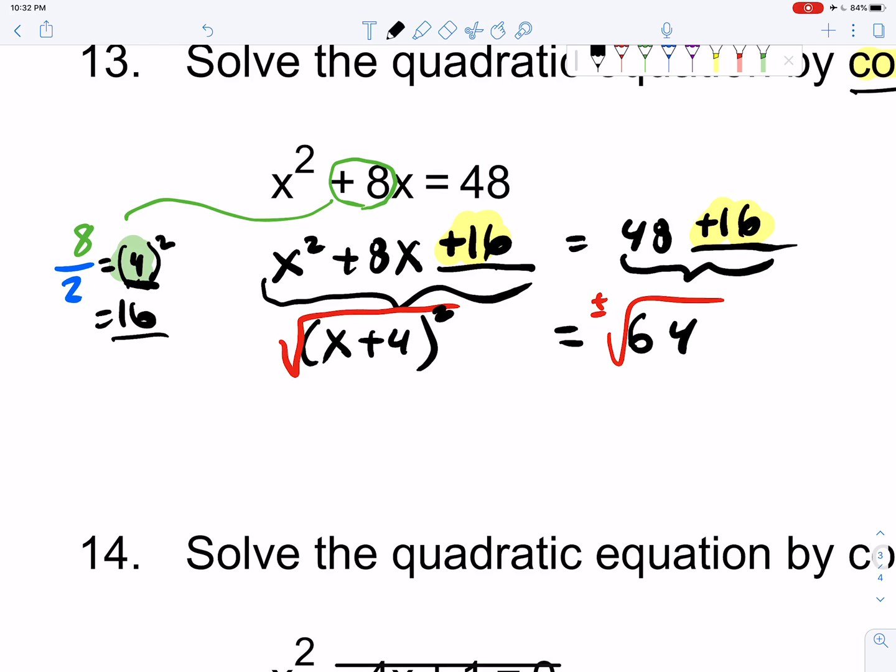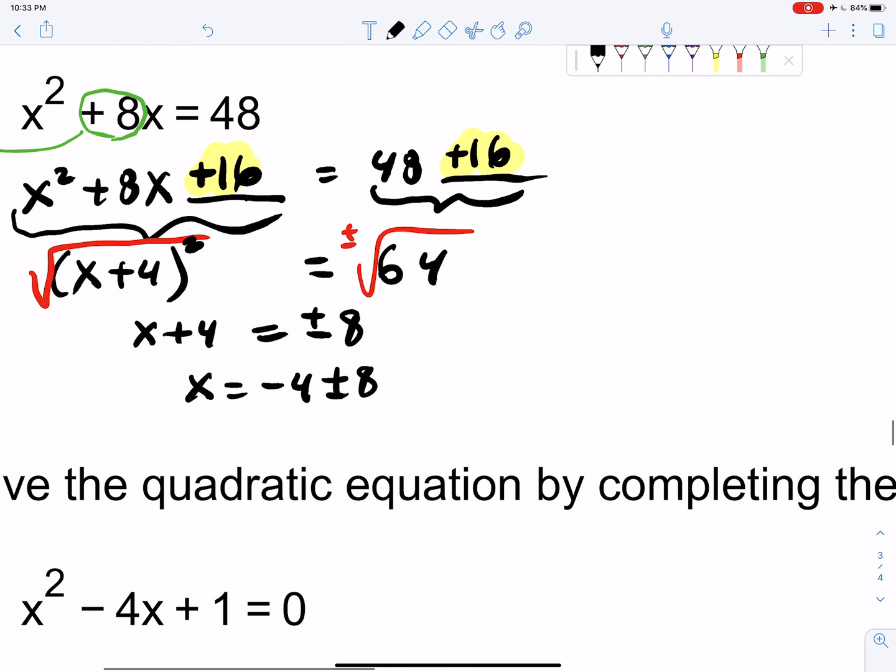Now this simplifies down to just x plus 4 equals, and what is the square root of 64? Well, it's plus or minus 8. We go ahead and subtract 4 on both sides, so we get negative 4 plus or minus 8.